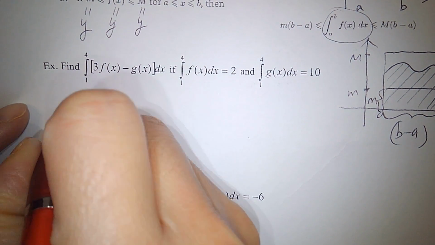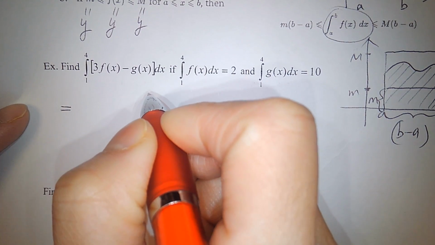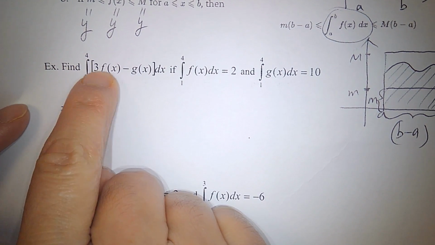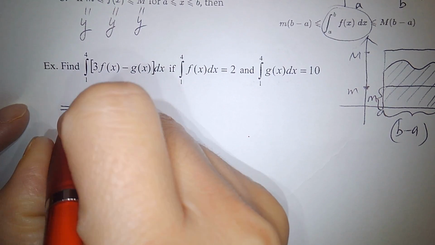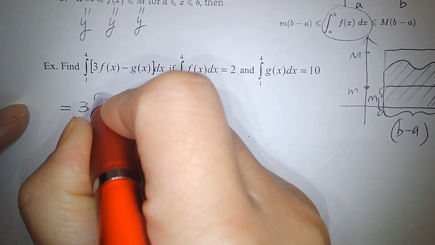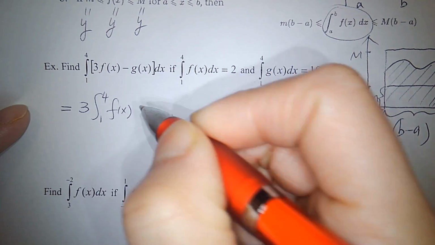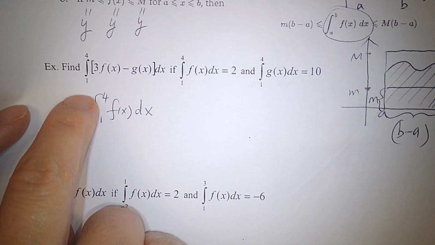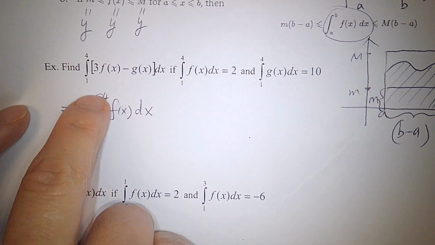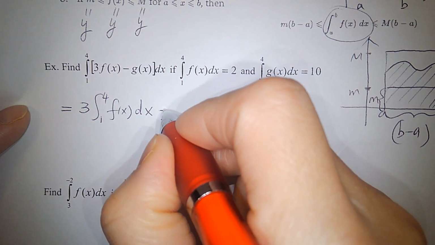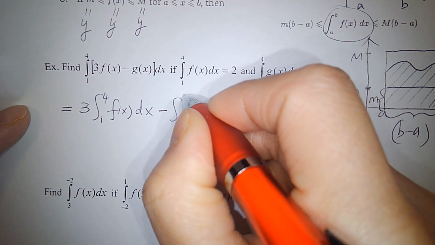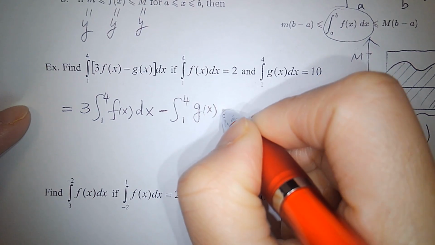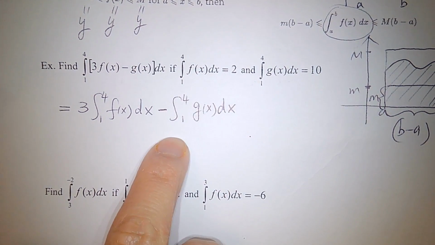Can we split this? This is a constant 3 times f of x, right? So I will split the original function into 3 times the integral from 1 to 4 of f of x dx minus the integral from 1 to 4 of g of x dx. Can we? Yes, right?